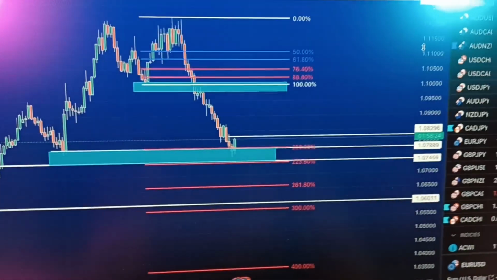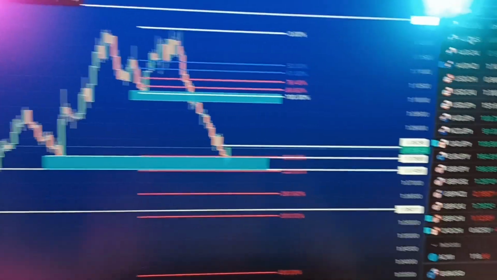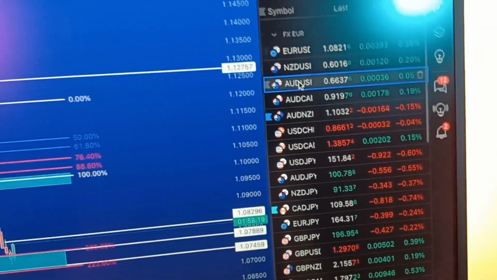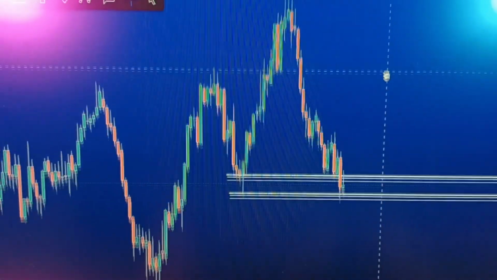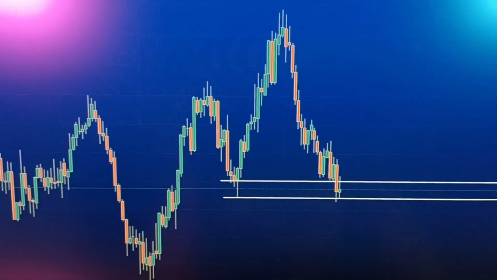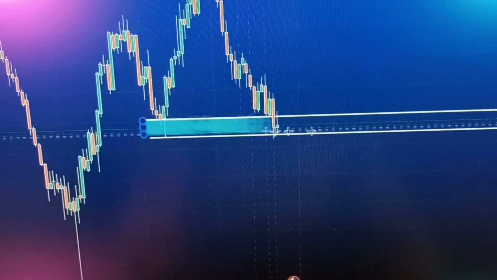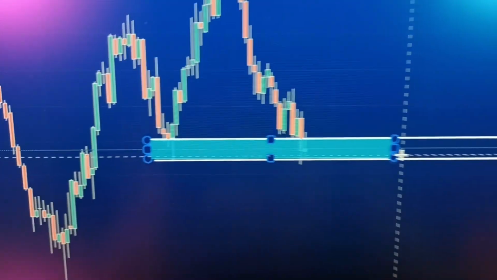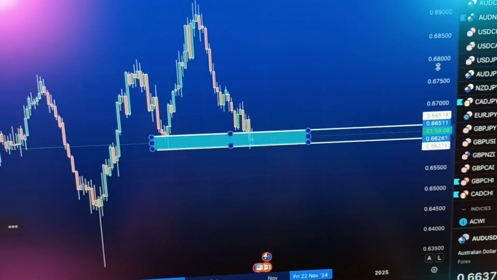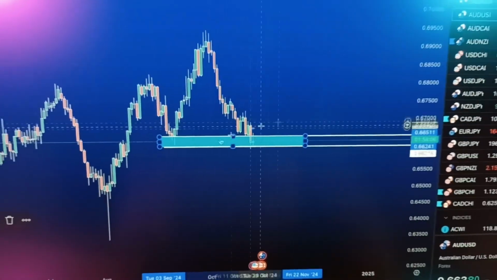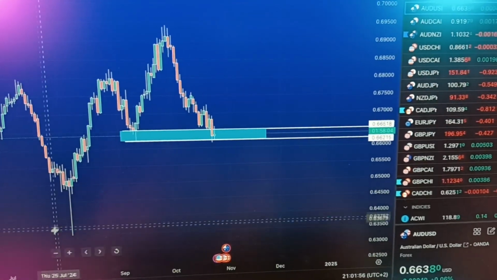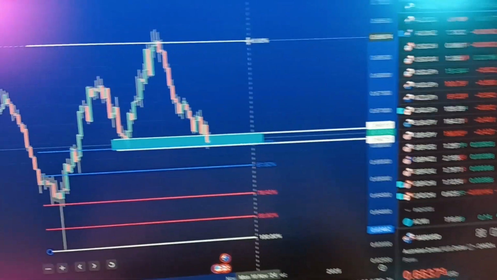So then let's go quickly to the other ones. Maybe we'll go to AUD USD. This one looked interesting as well. You can see here again we are in a clear area of interest for me, right? Looks pretty nice. Then let's have a look here in terms of pullback.